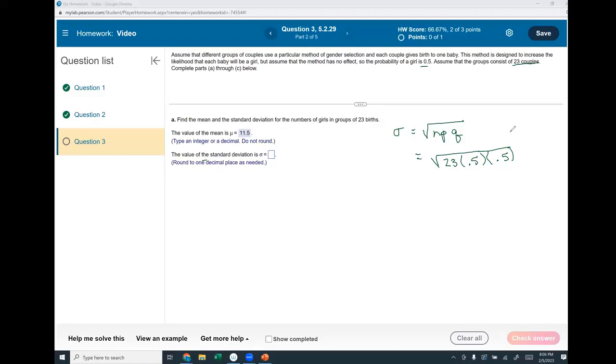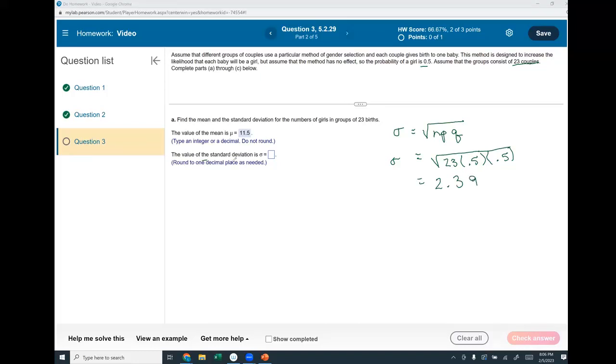Okay. And if we multiply those all together, let me do that on my calculator. And then take the square root, I get that my standard deviation is equal to 2.39.